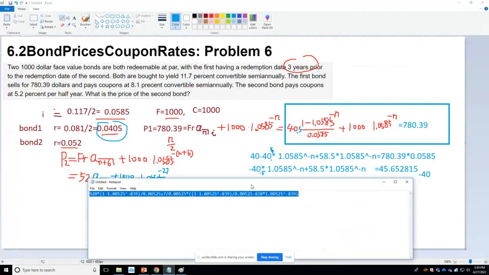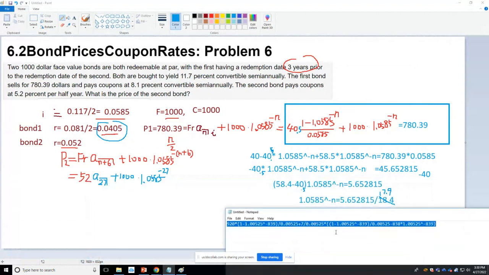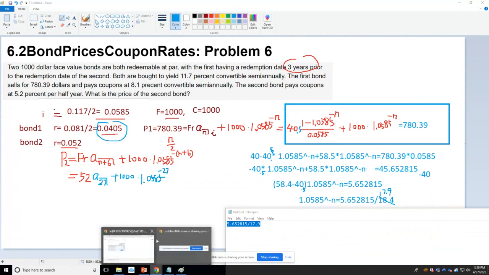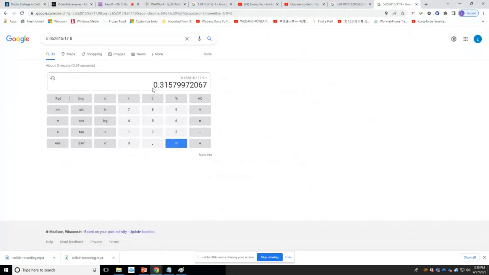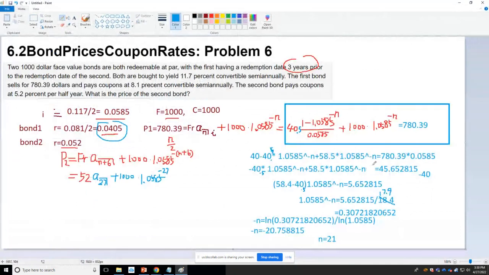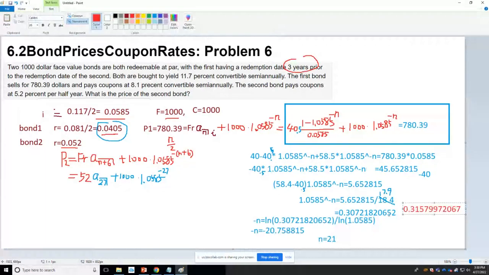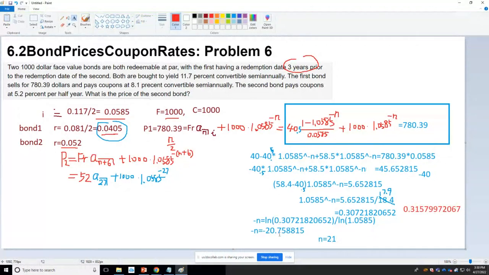To calculate that, the calculation we were supposed to do is 5.652815 over 17.9, which then gives us this. And that replaces what we have here, and that replaces the n.